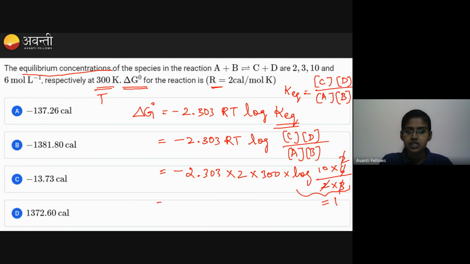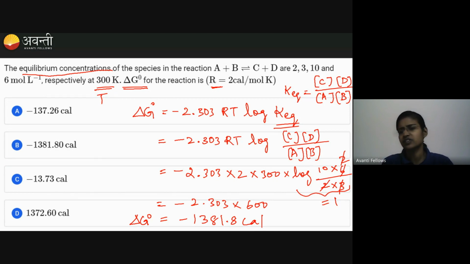Now just multiply, 2.303 into 2 into 300 is 600, which will be equal to minus 1381.8 calorie as the delta G naught value for this reaction. Okay, direct substitution of the formula. You just need to identify the terms that are given in the question. So the correct answer is option B.